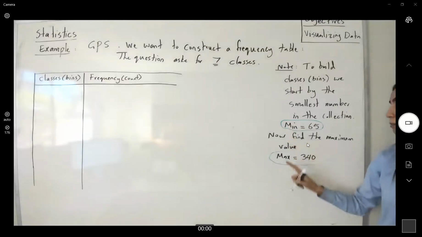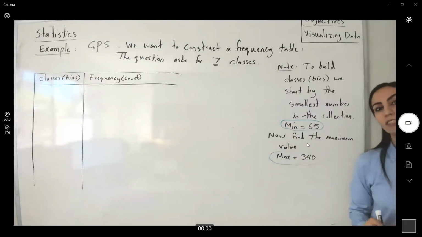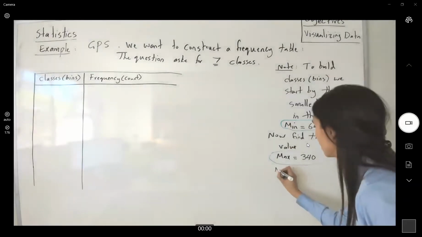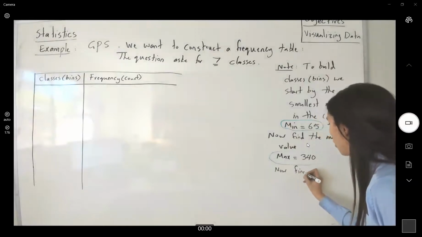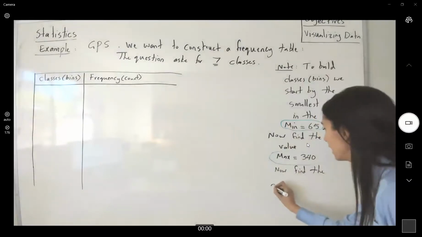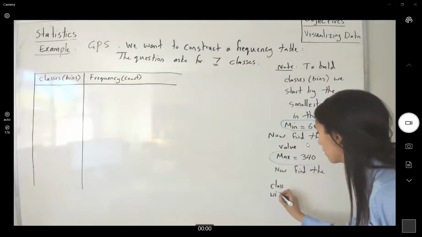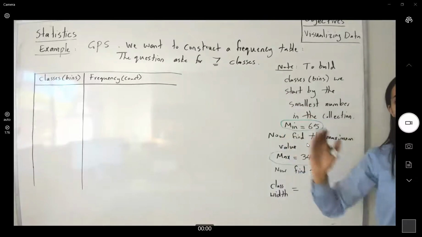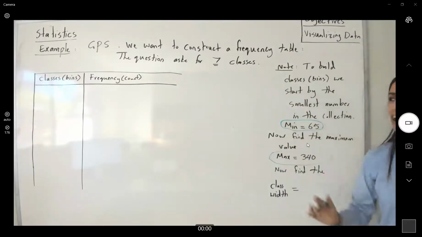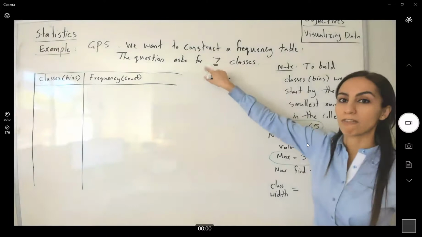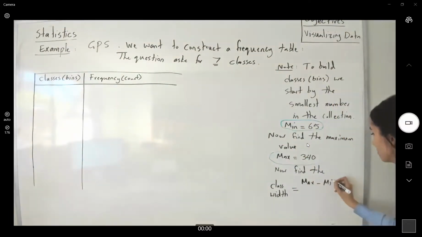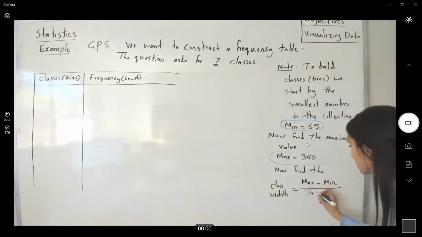By using the minimum and the maximum, we're going to construct something that we call the class width. Now, find the class width. The class width is the maximum minus minimum, divided by the number of classes.